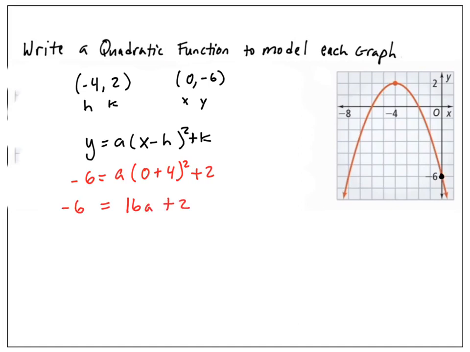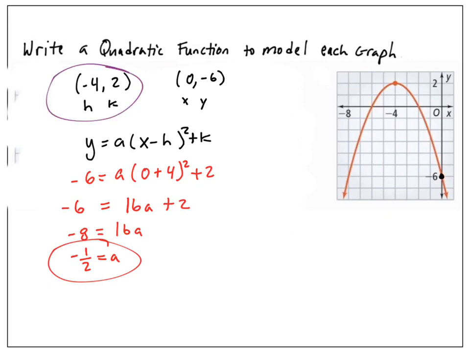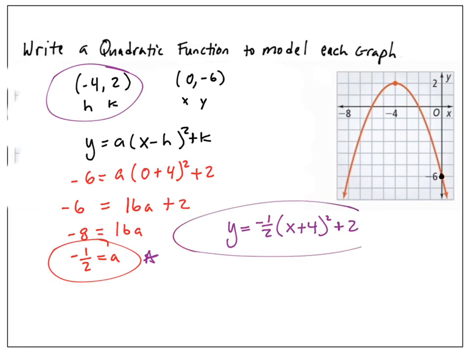We're going to subtract 2, it's -8, equals 16a, divided by 16, a equals -1/2. So that's our compression factor. It also flips it over to make our parabola open downward, so that works. So now we just need to write our equation using our h and k value and our new a value. So y equals -1/2 (x plus 4) squared plus 2.